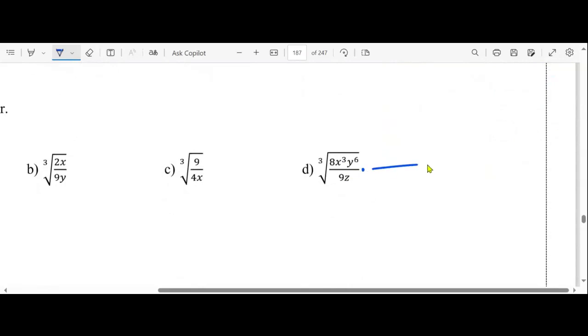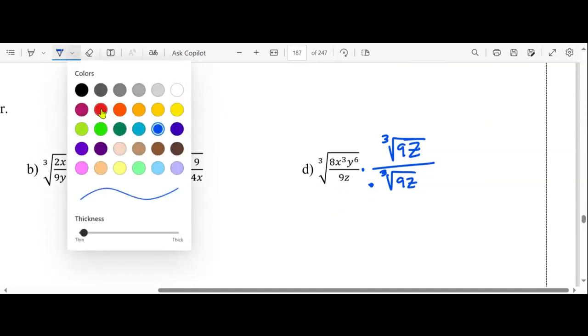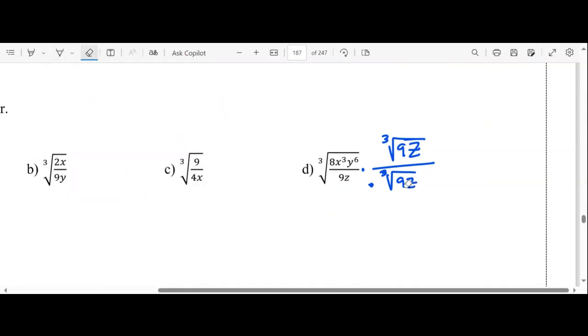If I want to get rid of the 9 in the denominator, what should I multiply? If you multiply in the bottom, you multiply in the top, right? Remember, this is a cube root. 9 times 9? But I don't need 9 times 9. Actually, I need only 3.